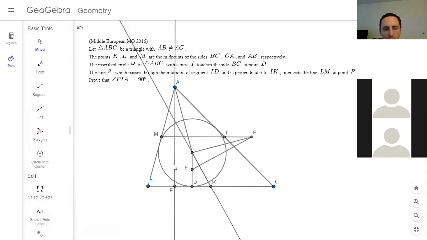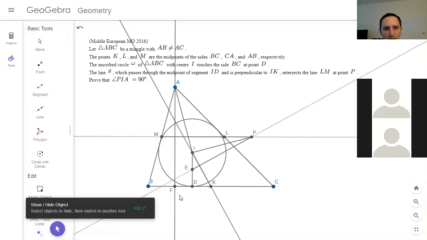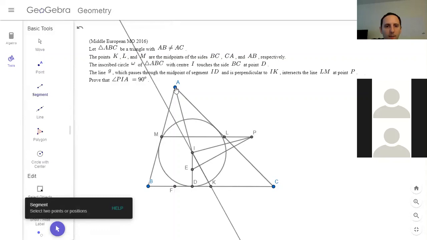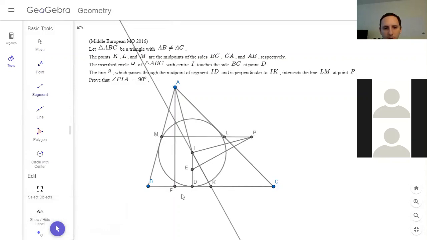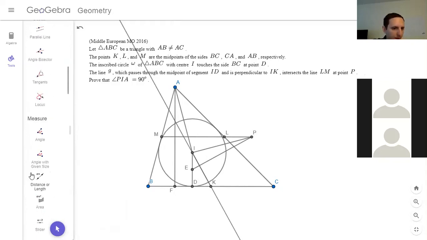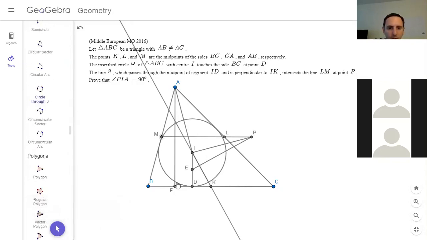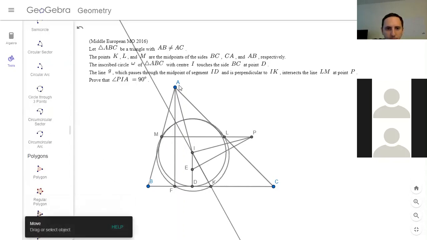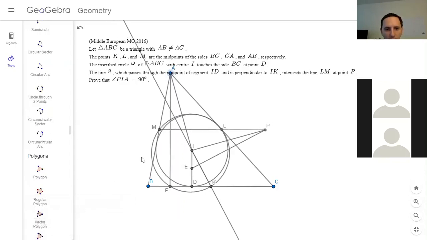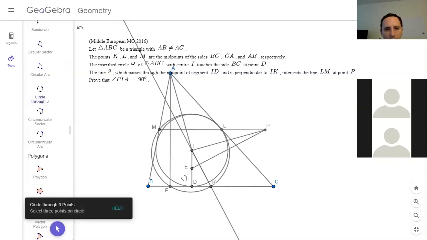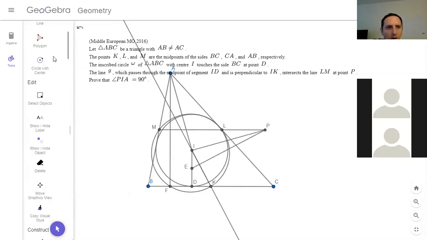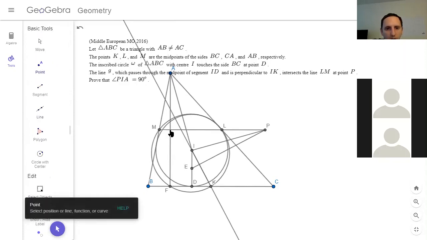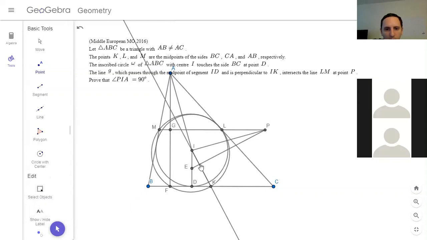Dropping the altitude gives 2 cyclic quads. So MFKL is cyclic, right? That's a 9-point circle. And the point where the altitude cuts ML is cyclic with the point where IK cuts PE, if we assume that to be F or something else. I like it.